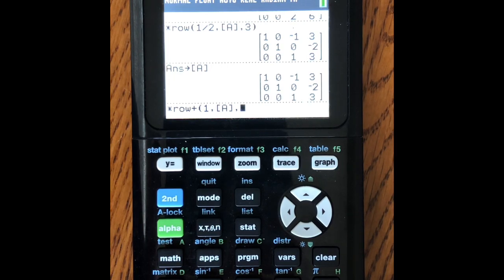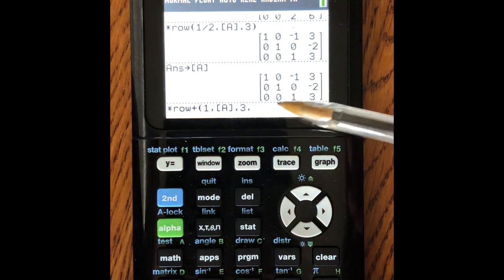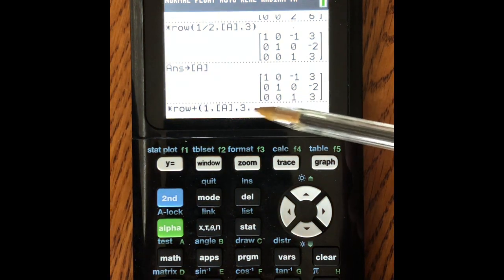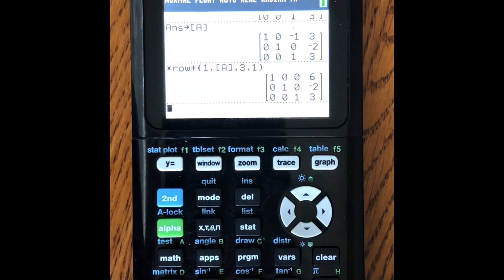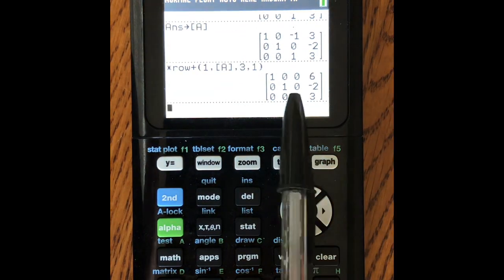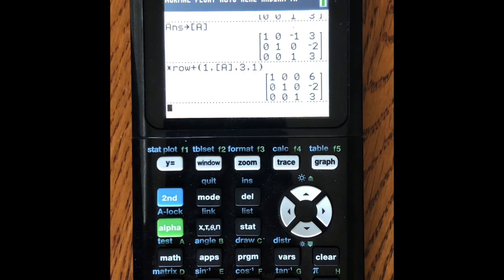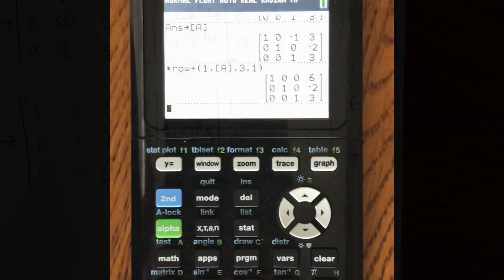What's the row in which we just created a 1? Row 3, yes. And then what row is changing? The row that's changing is always your fourth parameter. That's row number 1. Lock that in. Finished. I'm going to now write this on my paper.